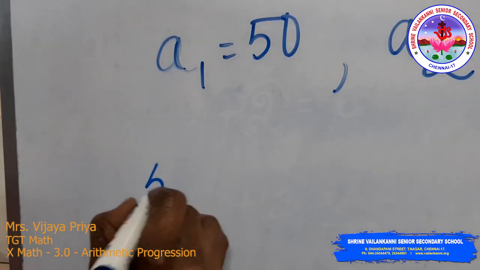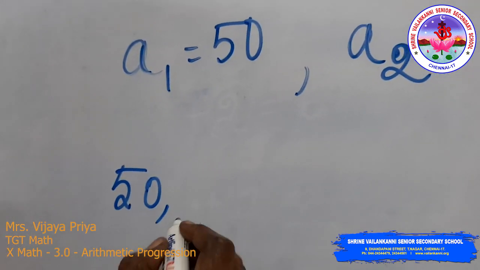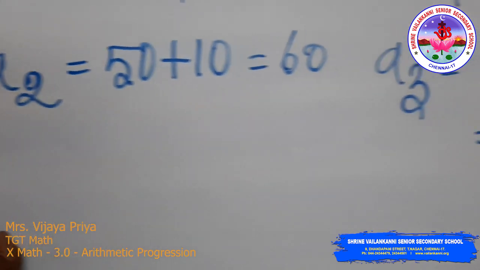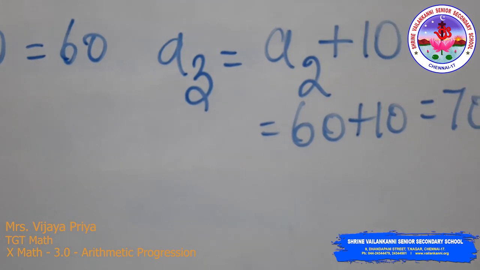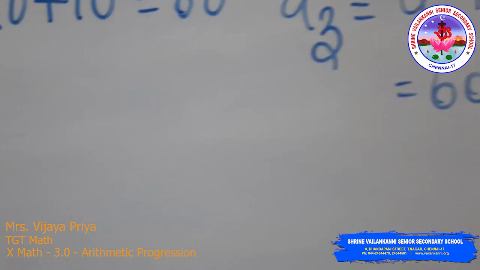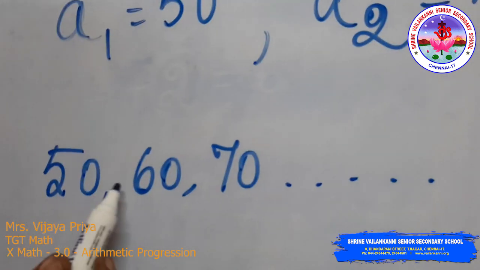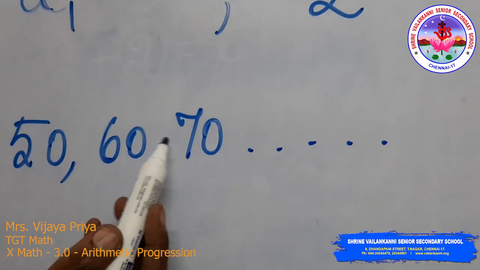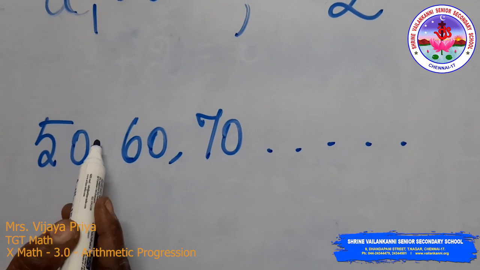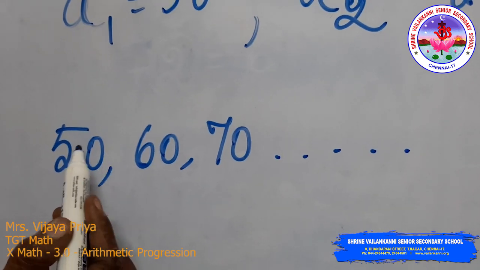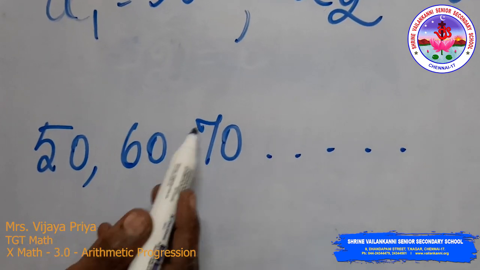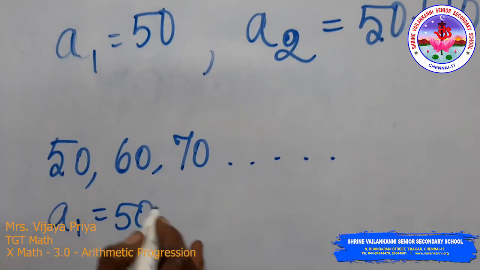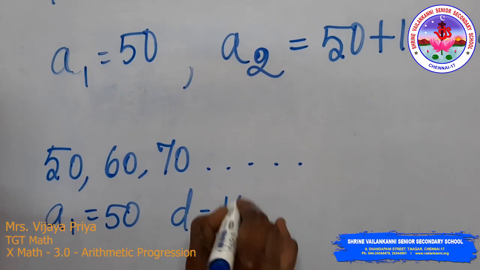So the first term is 50, the second term 60, and the third term 70, and so on. In these three terms I have a common difference of 10, because 10 is added to the preceding term to get the succeeding term. So my A1 is equal to 50 and my common difference is equal to 10.